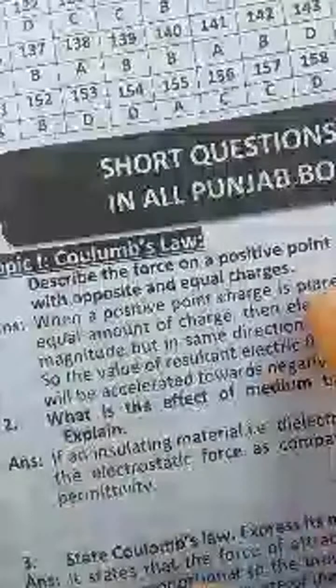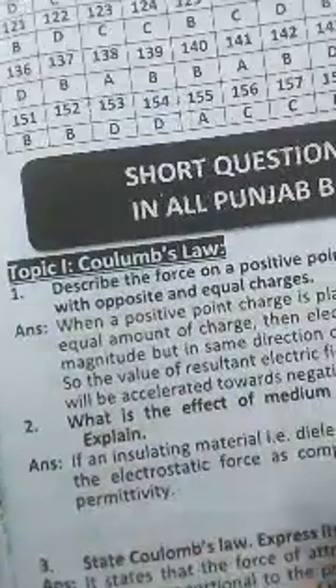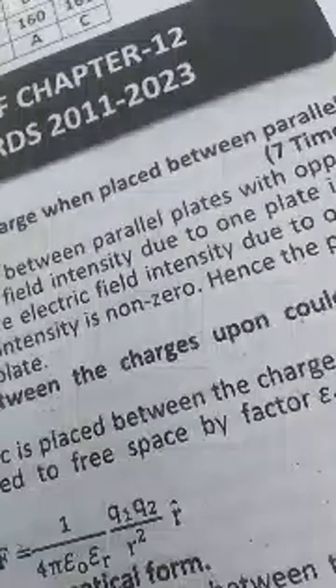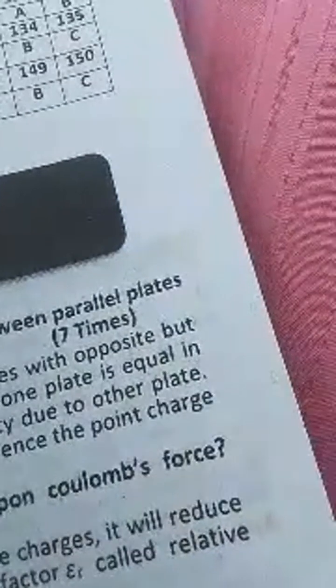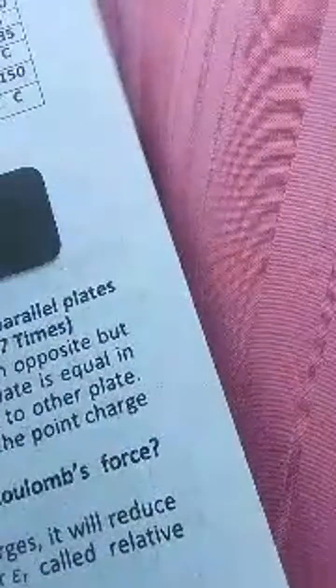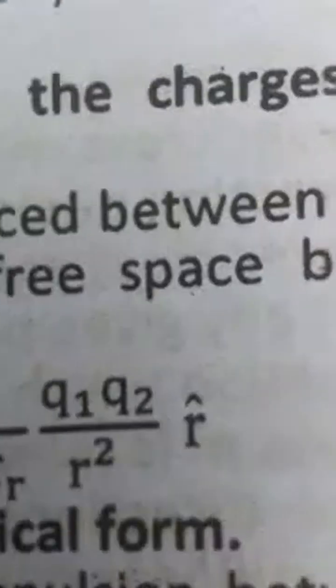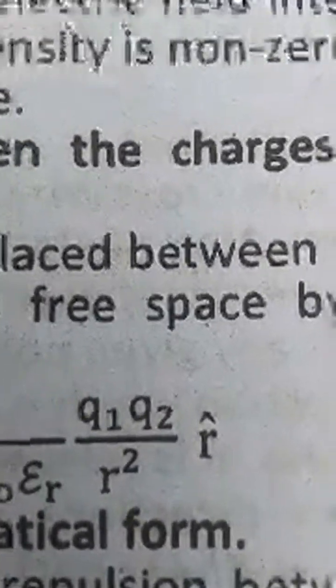When a positive point charge is placed between parallel plates with opposite but equal amounts of charge, then the electric field intensity due to one plate is equal in magnitude and in the same direction as the electric field intensity due to the other plate.